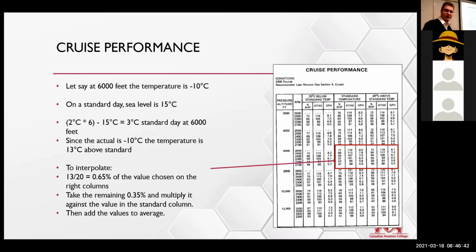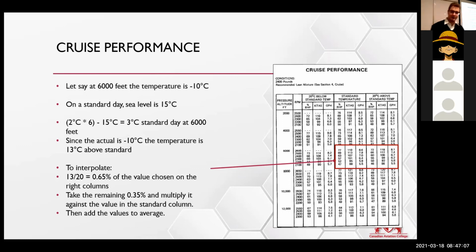So let's say we are at 6,000 feet at a temperature of -10. On a standard day, sea level is going to be 15. If you guys remember, every 1,000 feet, temperature goes down by 2 degrees. That's the standard.